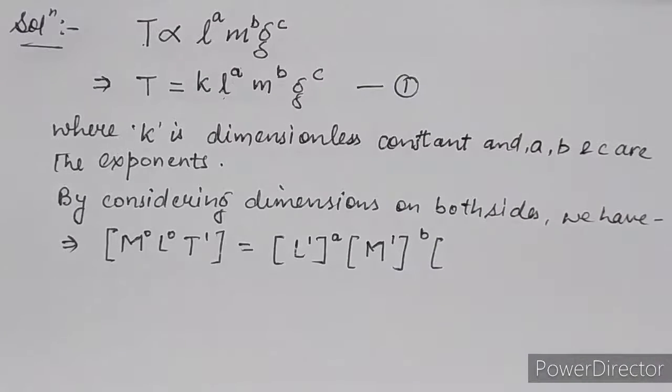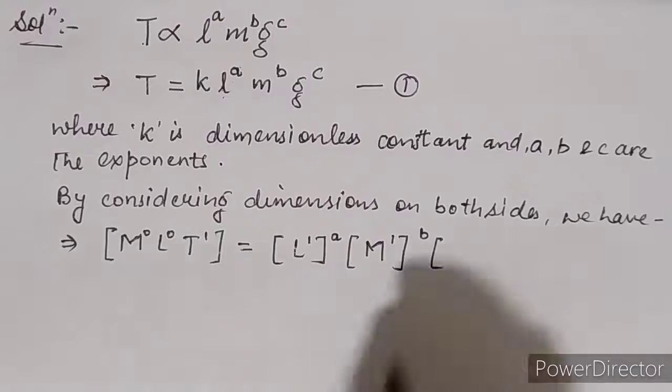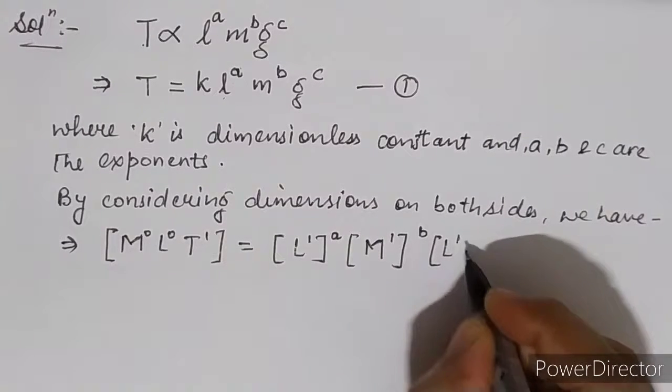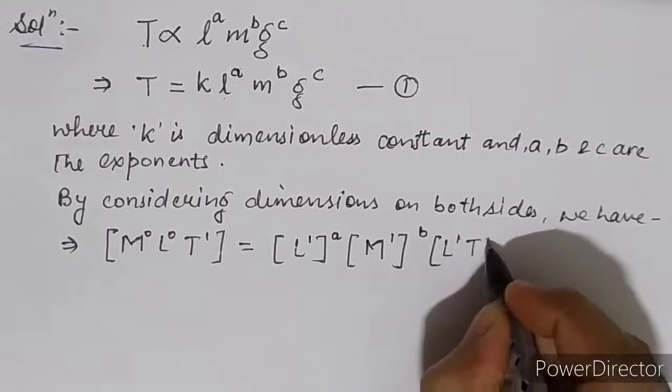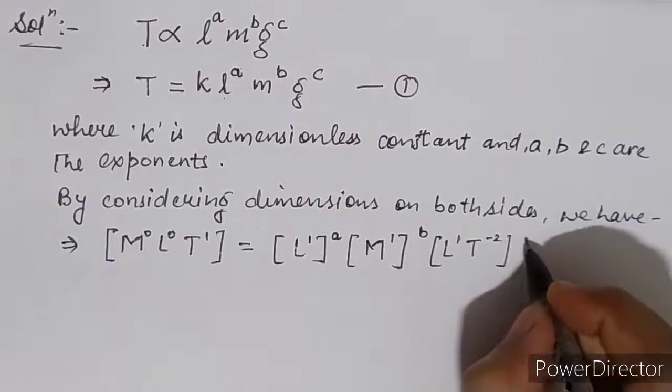G is the acceleration due to gravity. Acceleration is the unit meter per second square, so meter L^1 per second square, so T to the power minus 2, c.